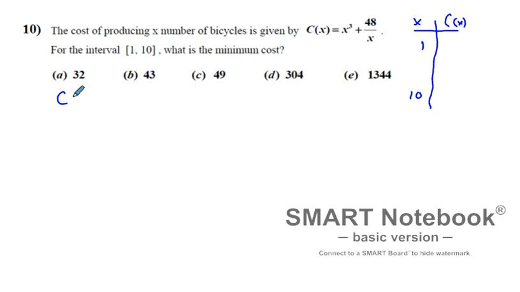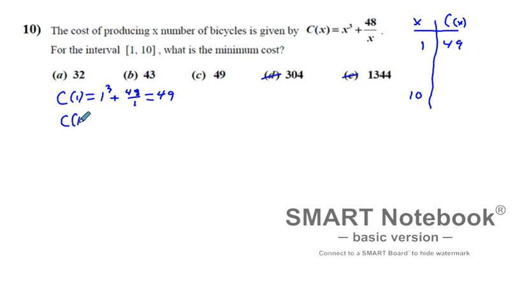And C of 1 is equal to 1 cubed plus 48 over 1, which is 49. So we know we have that one in the back, so we know answers cannot be D or E already. Next, we're going to plug in 10.